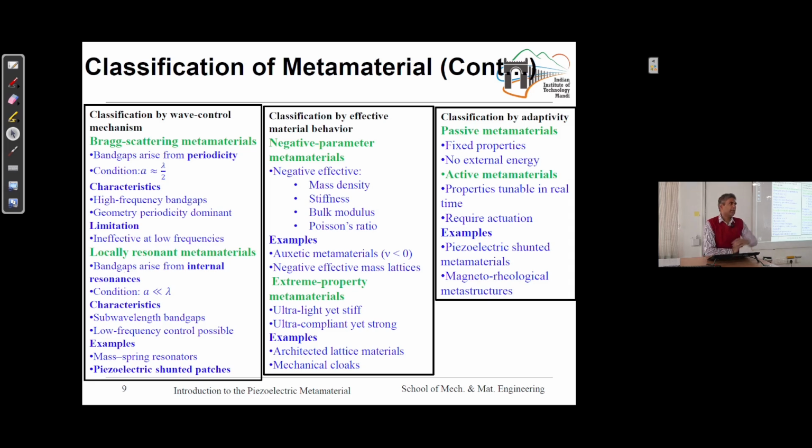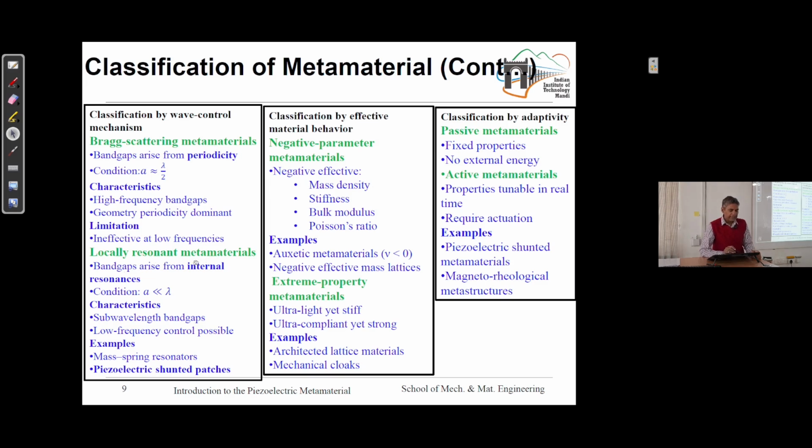Because when we have dynamic loading, we have vibration waves, sound waves, thermal waves and so on, and we don't want any vibrations or waves. In that case, we can classify metamaterials into Bragg scattering metamaterials, and second, locally resonant metamaterials.